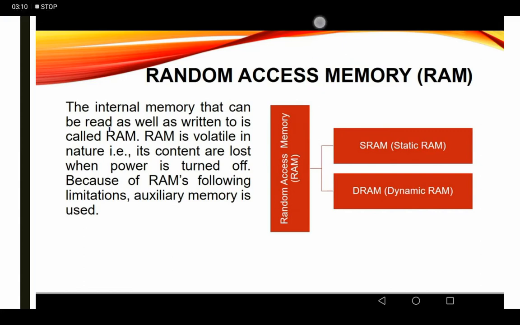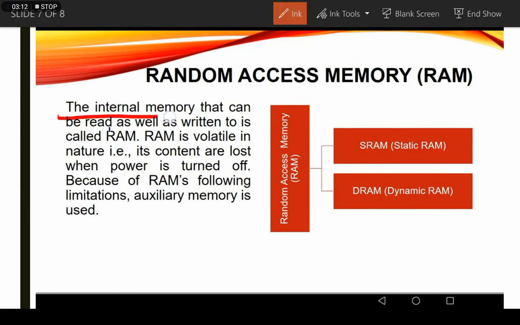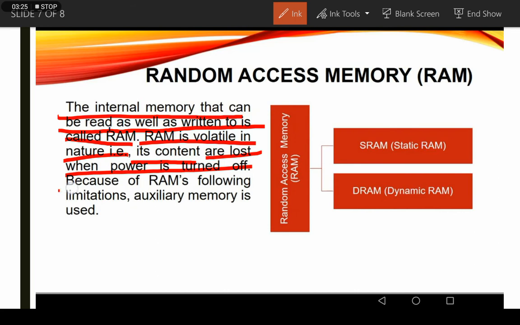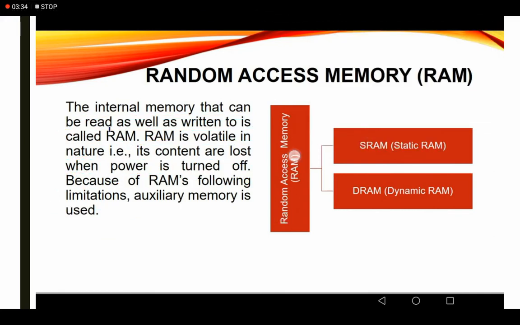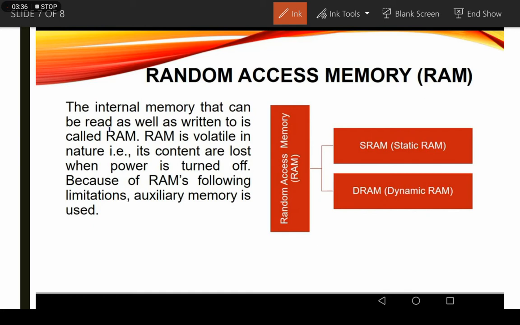The random access memory, the internal memory that can be read as well as written to, is called RAM. RAM is volatile in nature. Its contents are lost when power is turned off. Because of RAM's limitations, auxiliary memory is used. It means RAM, as we discussed, is a temporary memory.